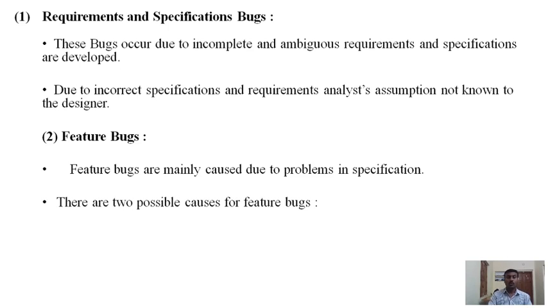There are two possible cases for feature bugs. One is missing features: if features are missed, there is a possibility of feature bugs arising. The second is wrong features: if you provide wrong features to the project, then feature bugs arise.